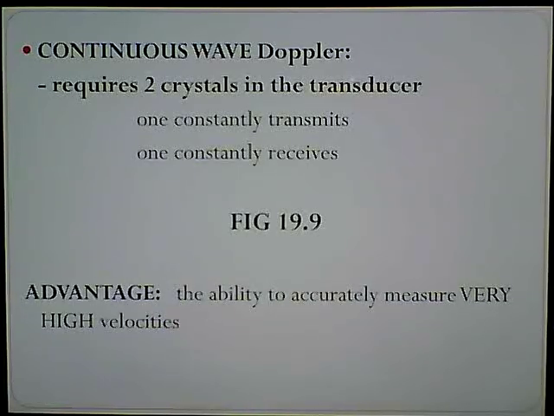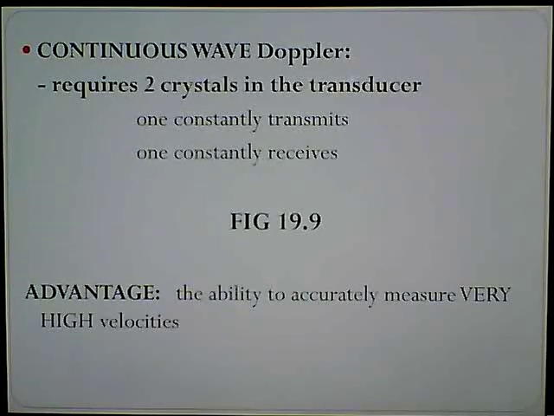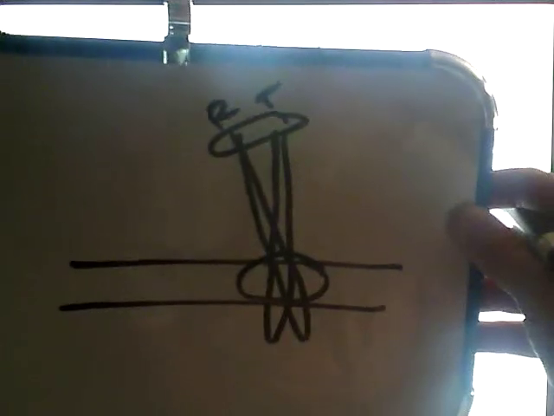The advantage to this is the ability to accurately measure very high velocities. However, when you have that region of overlap happening right through the vessel, you're going to measure everything in that vessel.